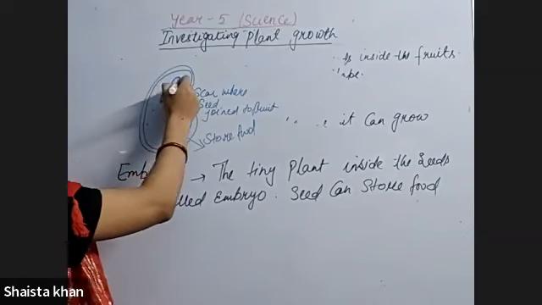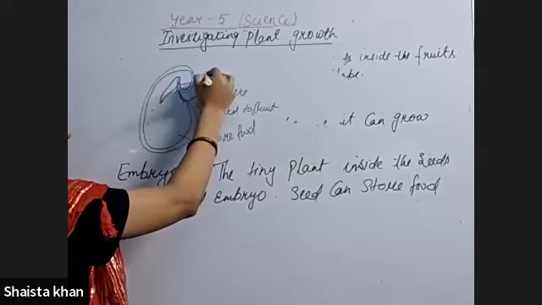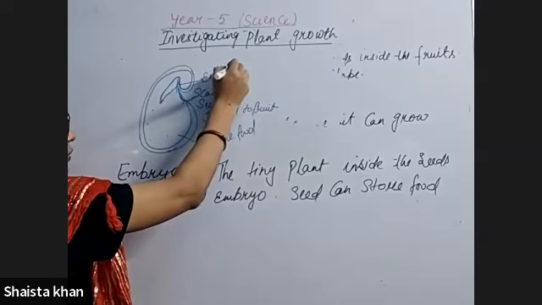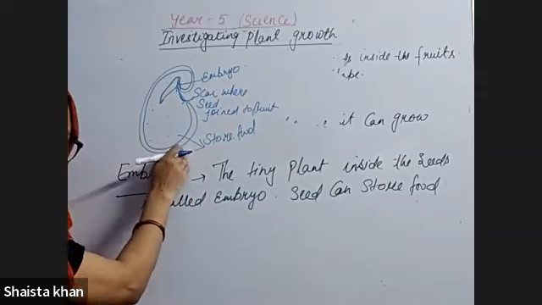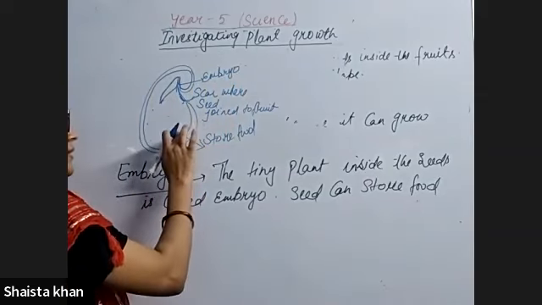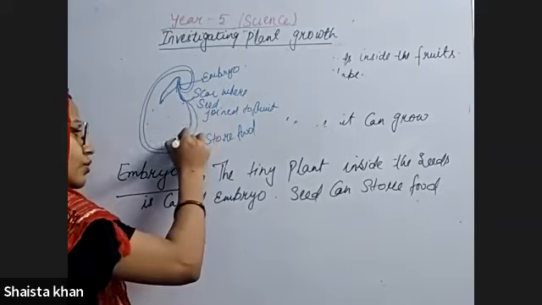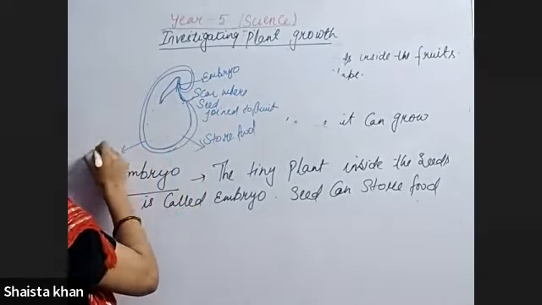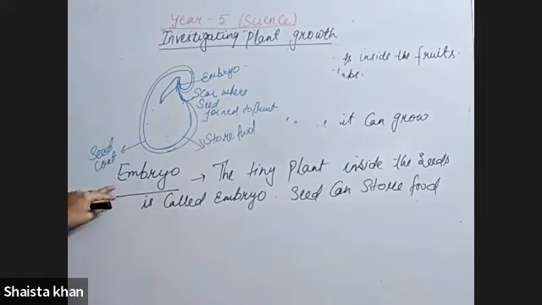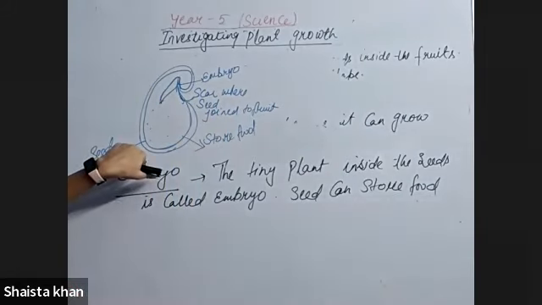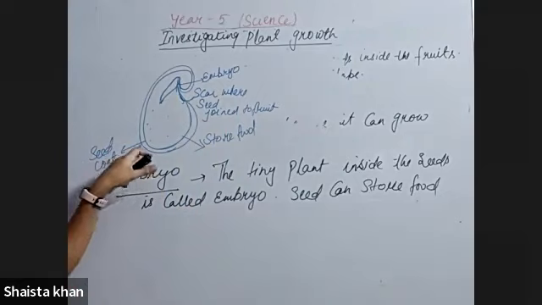So this is known as the embryo. And the outer layer is known as the seed coat. I hope you understand.